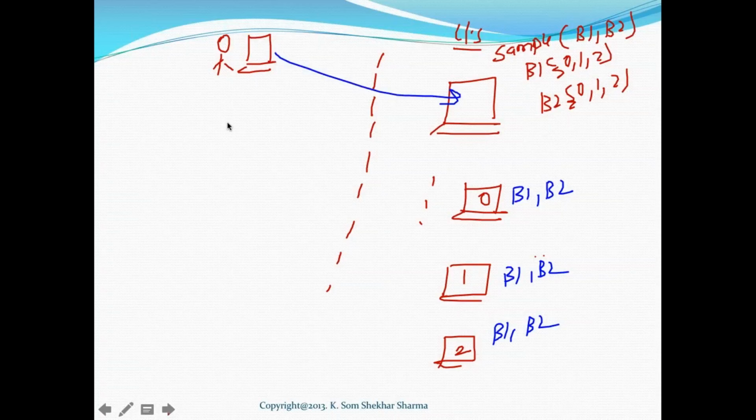Now, the client sends a request, hadoop fs -get sample file, and let's say sample_local. So what will happen? The first request goes to your name node. Name node sees the request that he wants to read the sample file.